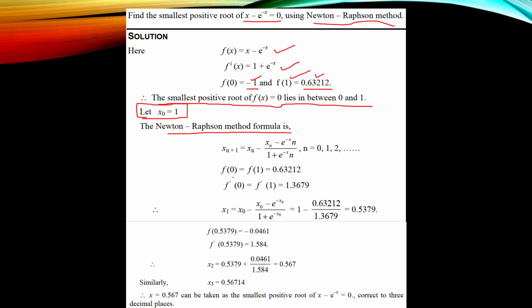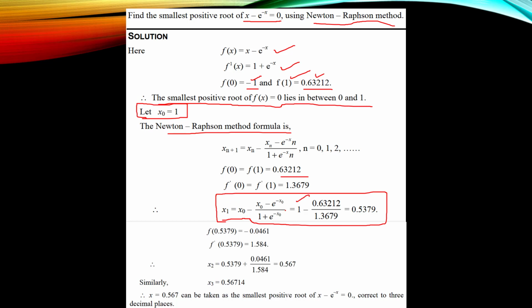So when you apply the values, f of 1 you got as 0.63212. So we have x1 is equal to x0 minus this equation. We assume that x0 is 1.